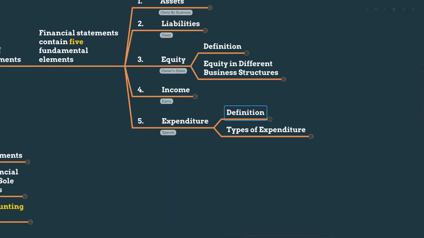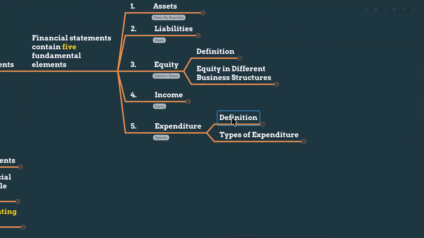And let me talk about expenditure here. Expenditure is actually, my dears, the money or value that flows out of the business. You are going to give your money or something to other people, right? When your business spends money, how does it spend?